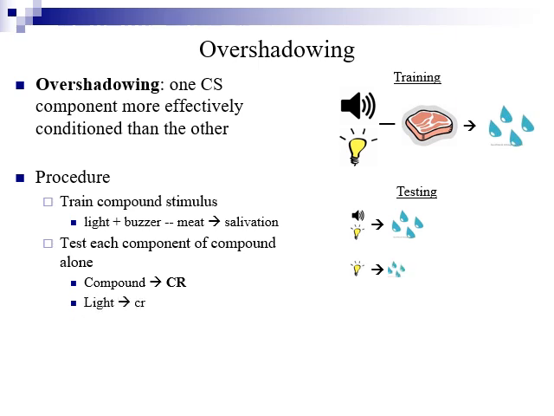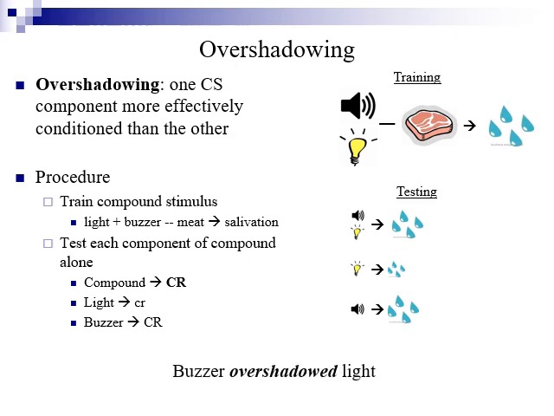With overshadowing, we find that when presenting only one of the components at a time, one of the two will produce a stronger response than the other. In which case we would say that the buzzer, in this case, overshadowed the light. When the buzzer is presented by itself, we get a strong conditioned response.